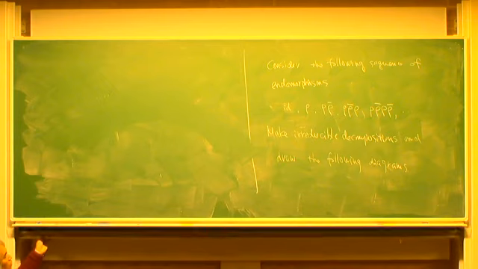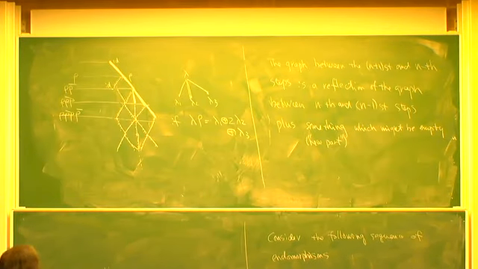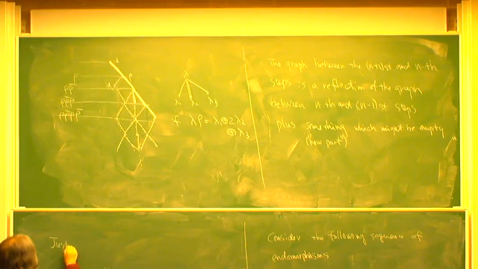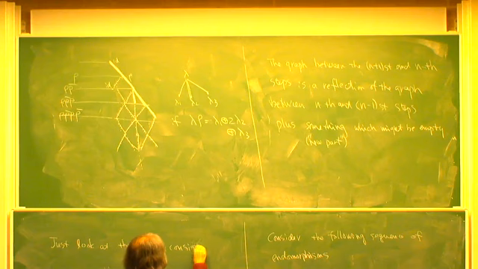So there's a second graph with rho bar. Then we just look at the graph consisting of the new part.